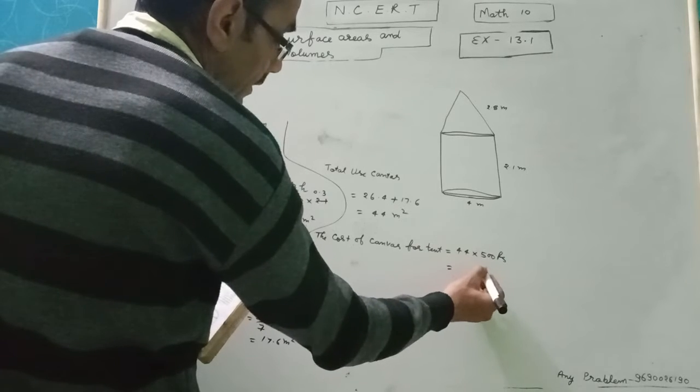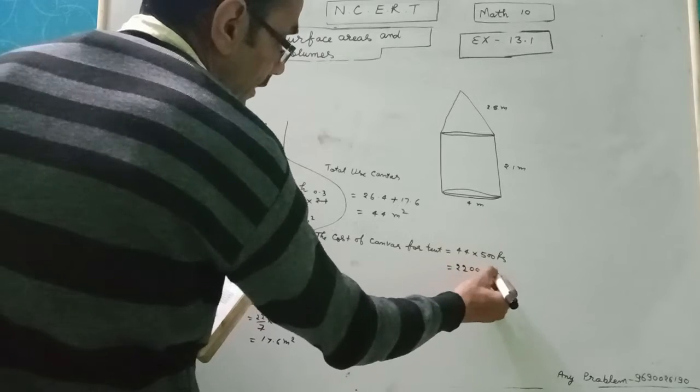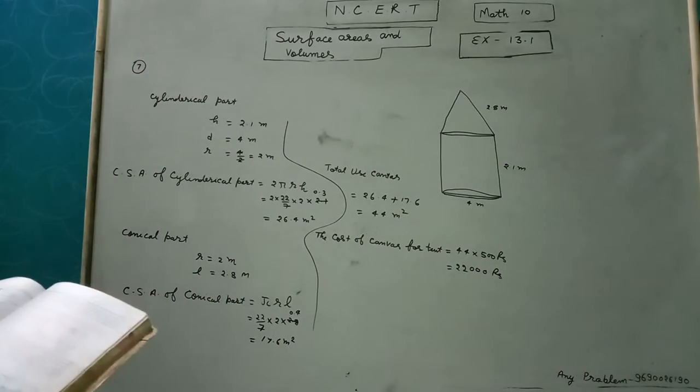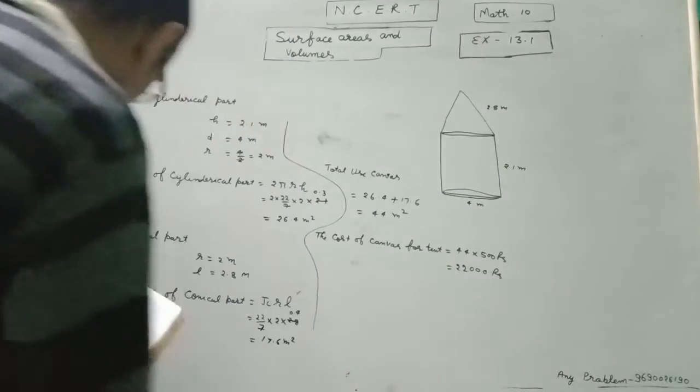After multiplying, 22,000 rupees spent to make the tent. Question number 7 is complete.